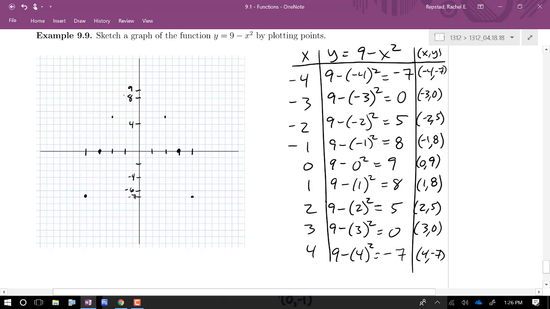At 1 and negative 1, we're at 8, and then 0. So it looks something like this. Probably not a huge shocker to folks that we get something that looks like this. If you graphed any quadratic equations, you know they have this kind of basic shape to them.